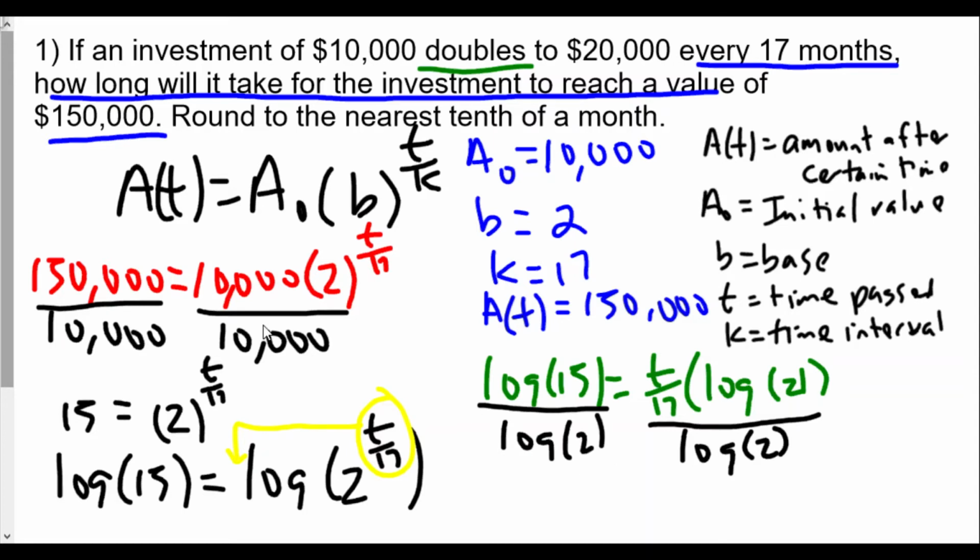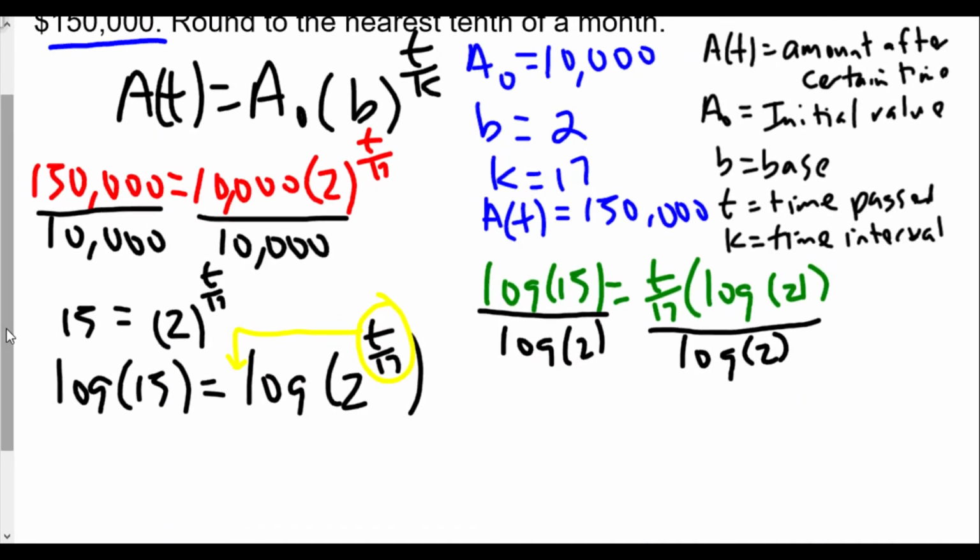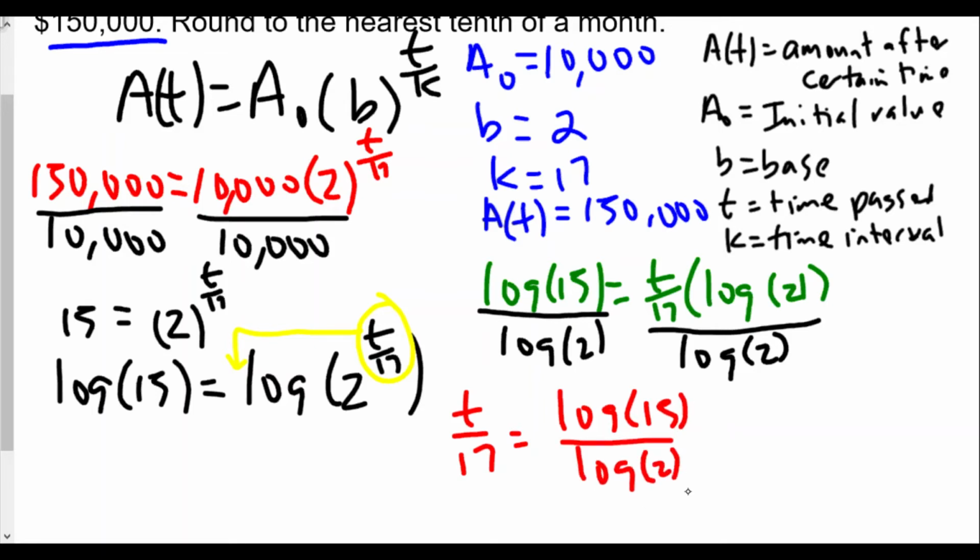I'm going to move this down a little bit here. And so from here, what we're going to do is we're going to get t over 17 is equal to the log of 15 divided by the log of 2. But again, we don't want to get t over 17, we want t by itself.